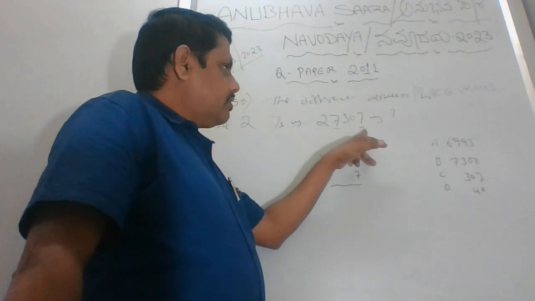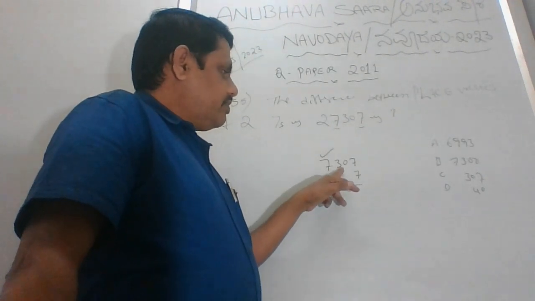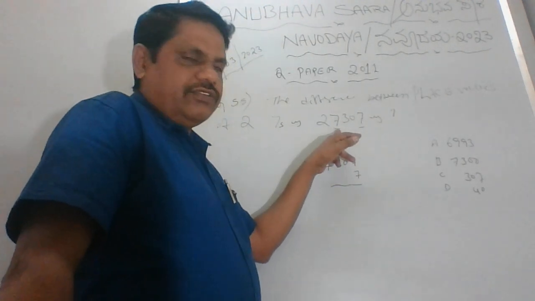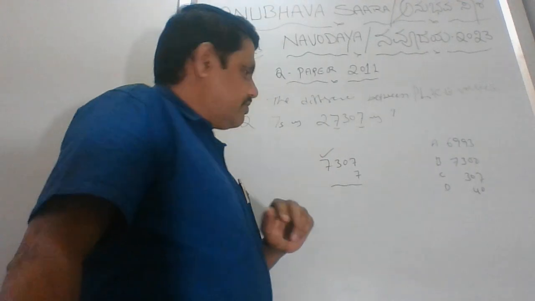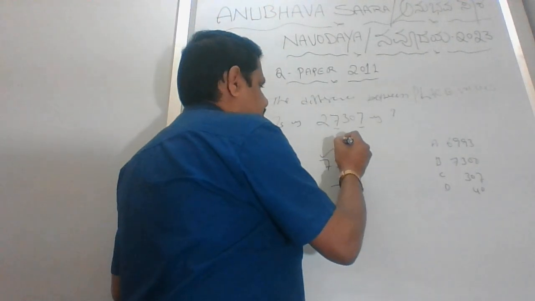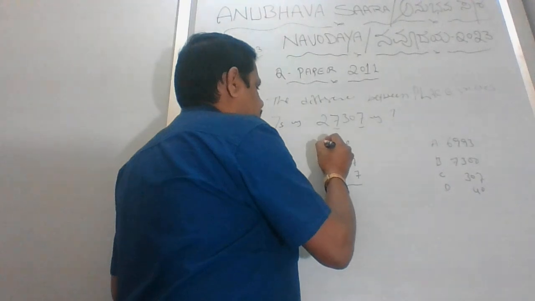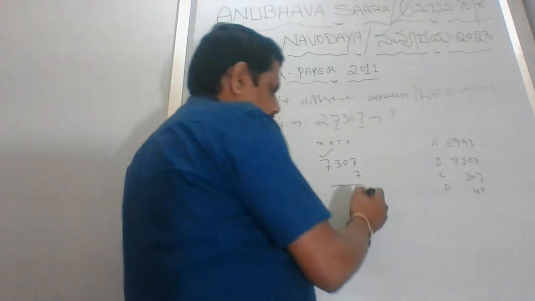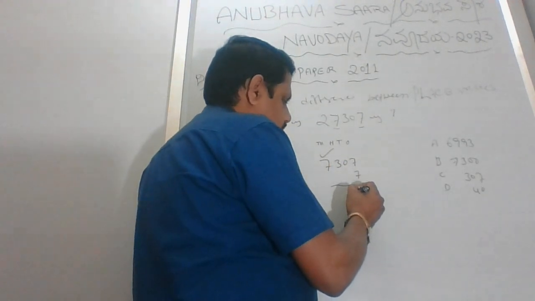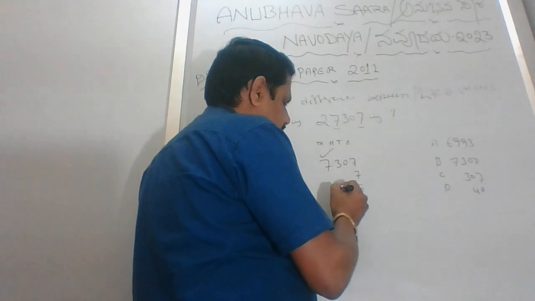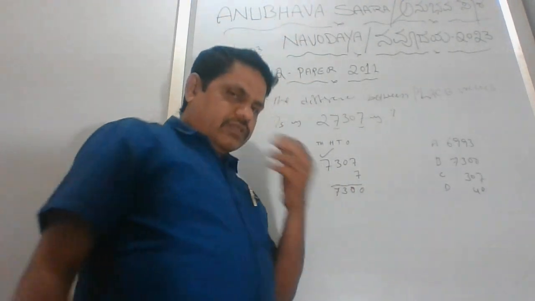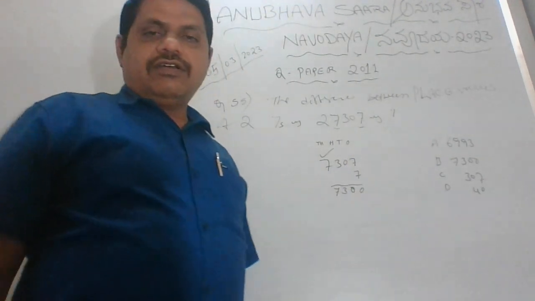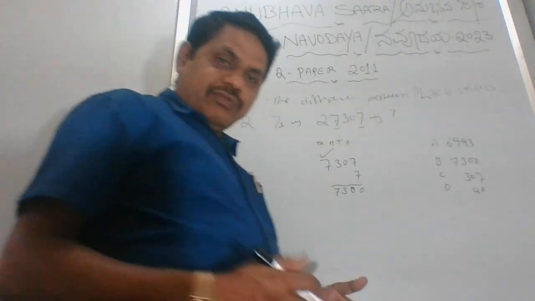So I have noted the numbers. 7000 is the first one, that is the thousands, and this 7 is in the ones place. Ones, tens, hundreds, thousands. This is what we have learned. We will just subtract 7000 minus 7. So that means 7300 is the answer. See how simple it is?